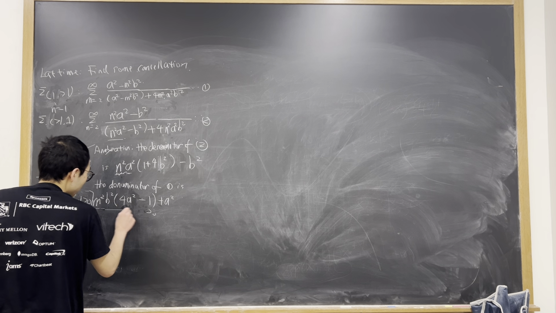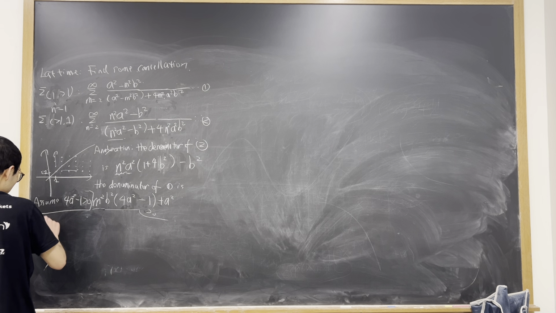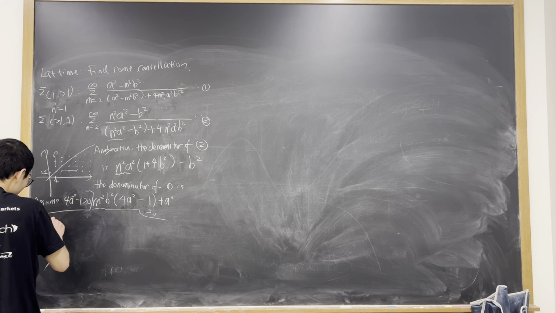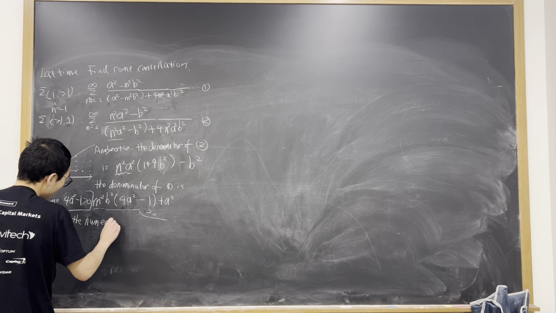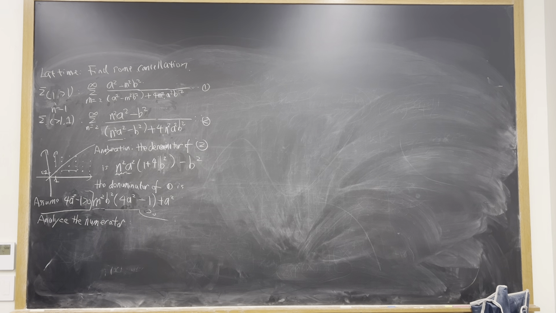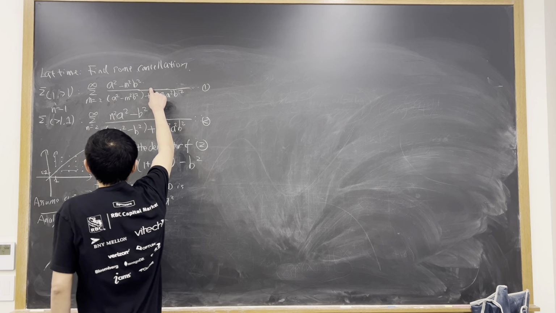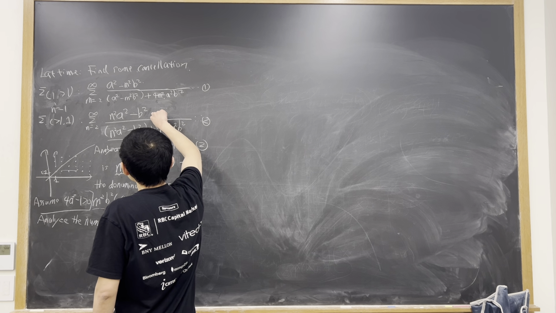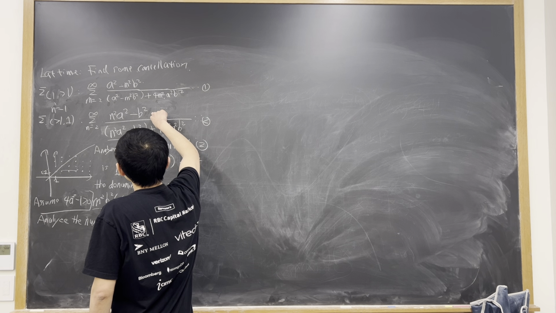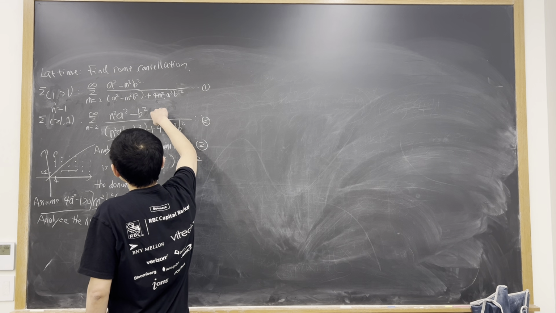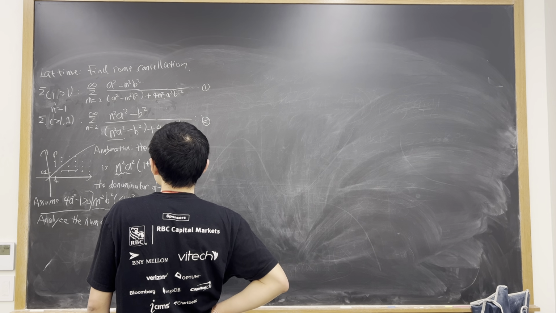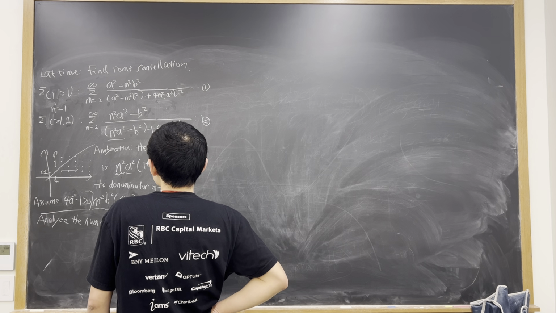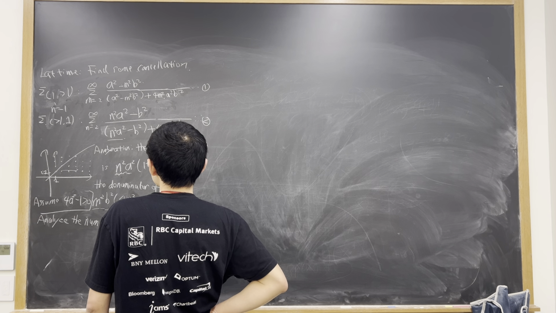So let's analyze the numerator. For the numerator, here there's a squared minus m squared b squared, n squared a squared minus b squared. So what can I get?